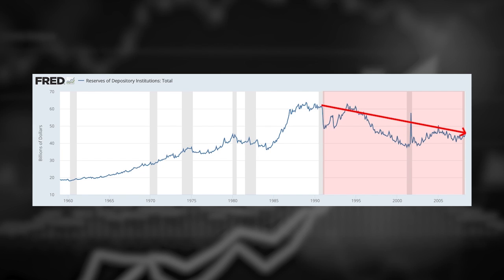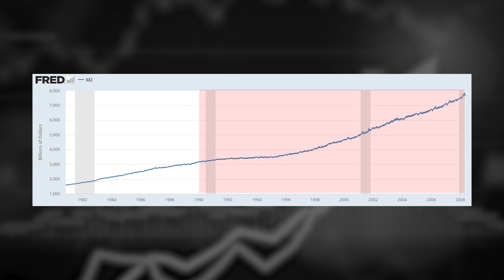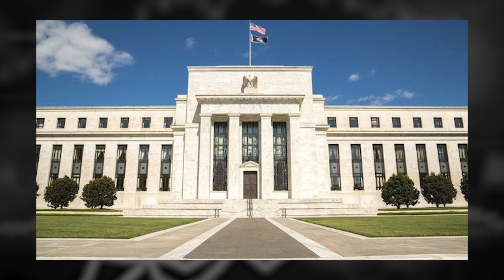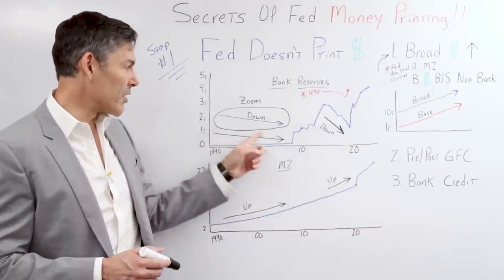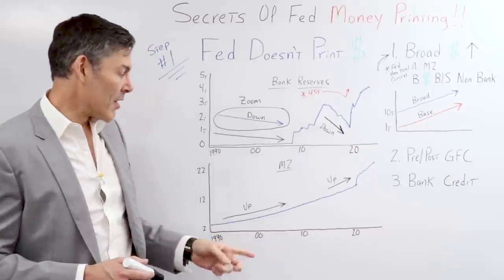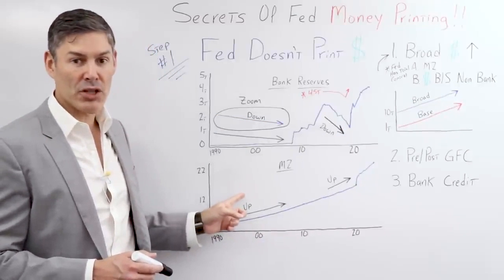Well, let's compare that to what happened with M2 money supply. Because if the Fed is at the center of the dollar universe, well, if the bank reserves went down because of this multiplier effect, then the amount of M2 money supply should go down.